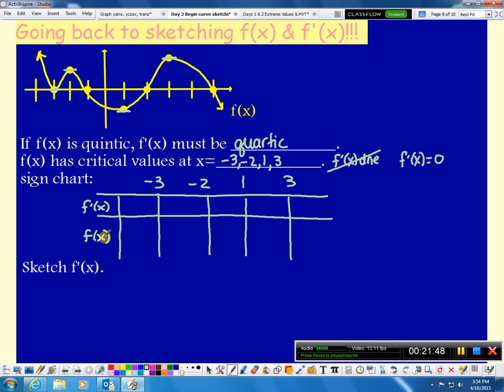So I can see that all the way to x equals -3, f of x is decreasing. From -3 to -2, f of x is increasing. From -2 all the way down to +1, the graph is decreasing. From 1 to 3, the graph is increasing.